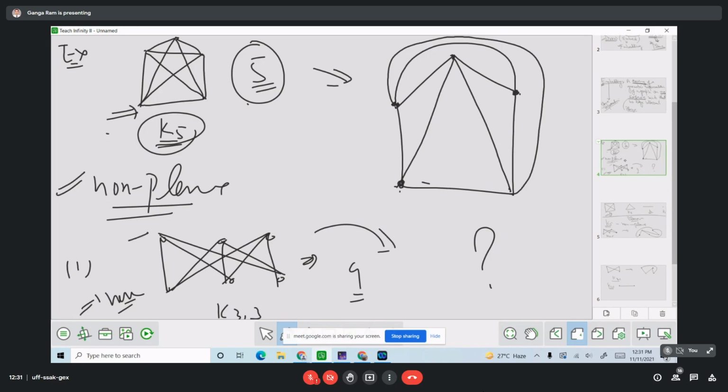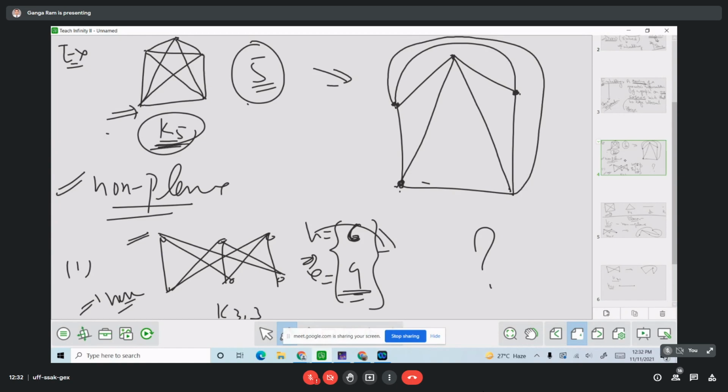Clear? Same here in the complete bipartite graph. A complete bipartite graph with order less than 6 and size less than 9 will always be a planar graph. Size is 9, order is 6. This is N, this is E. Okay?